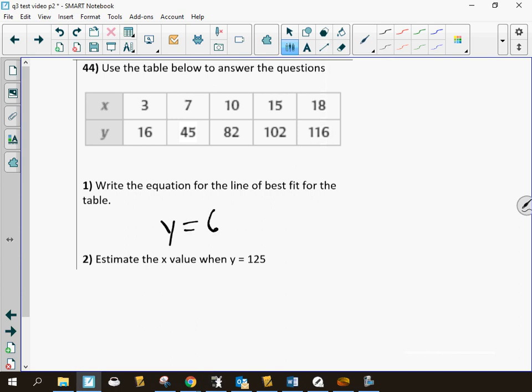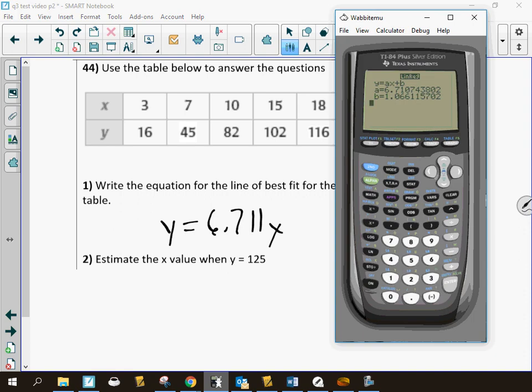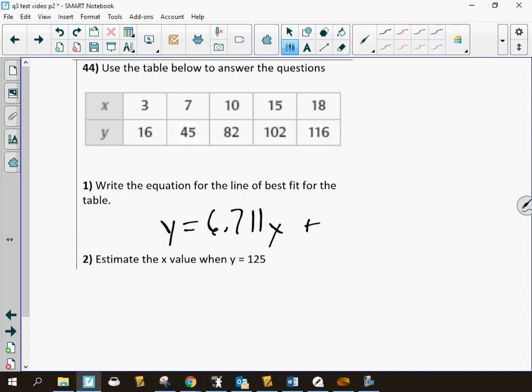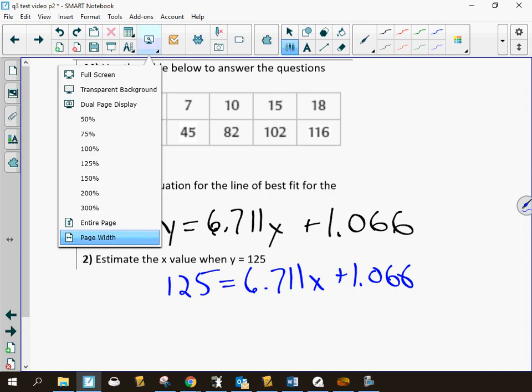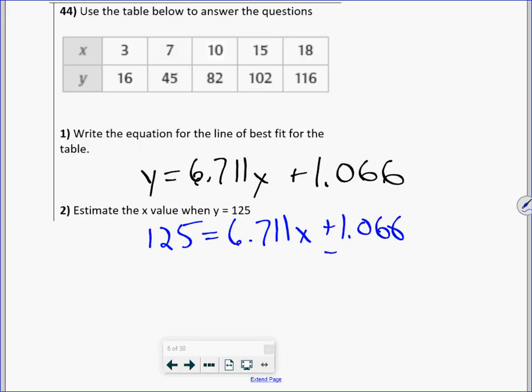Y equals 6.711x plus 1.066. So find the value when y is 125. So now I'm going to plug 125 not in for x, but for y. So now I have to solve this for x. So I'd subtract 1.066 from both sides.